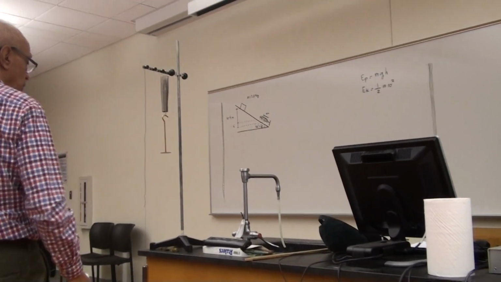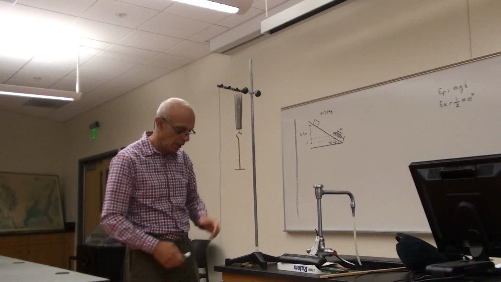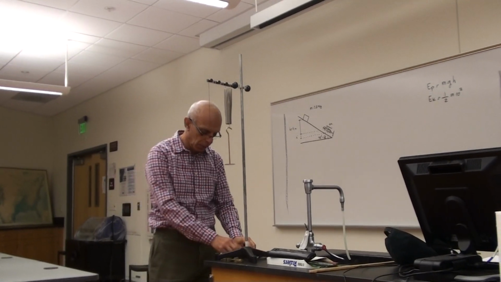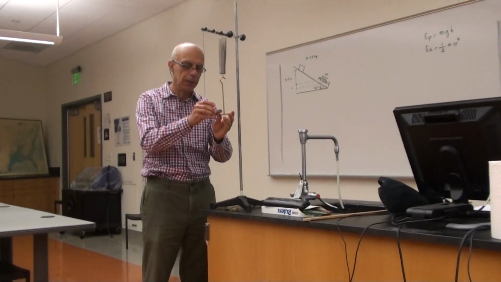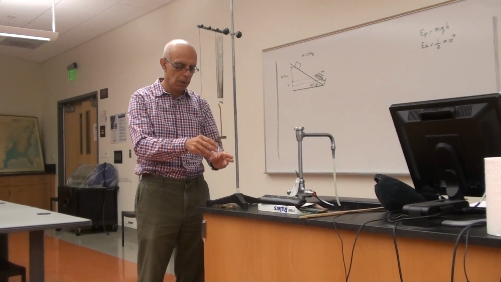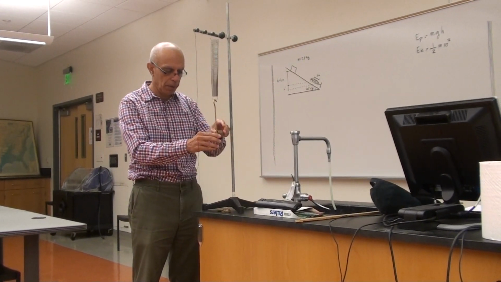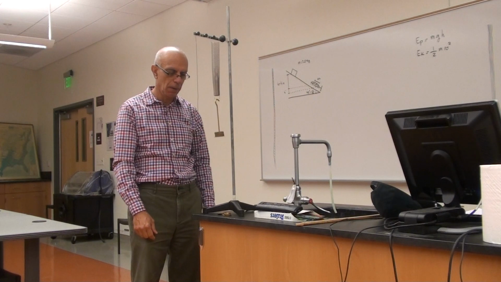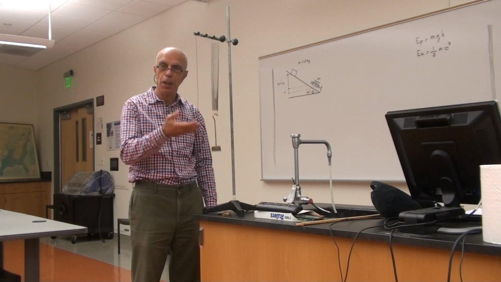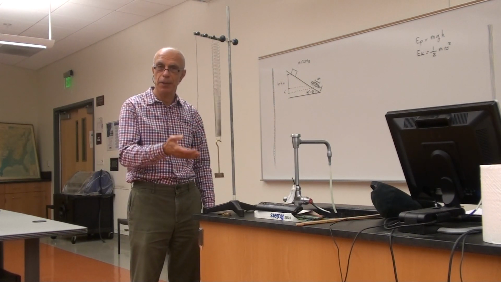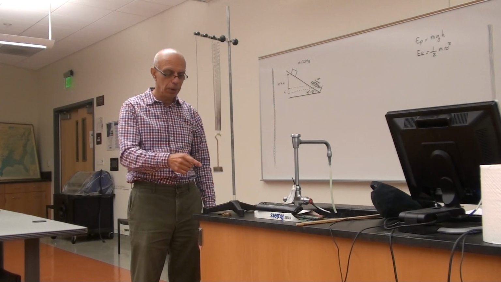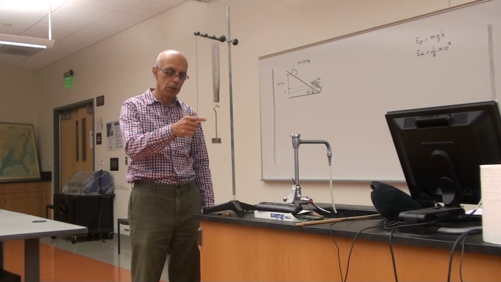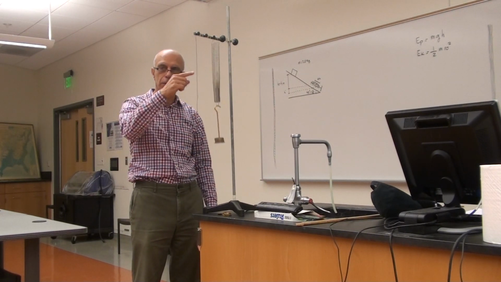So I have here a spring, okay? One thing I want to show is that I have a spring. I want to put the mass here like 100 grams and maybe 200 grams. And you see that it's going up and down, right? It's a whole cycle.